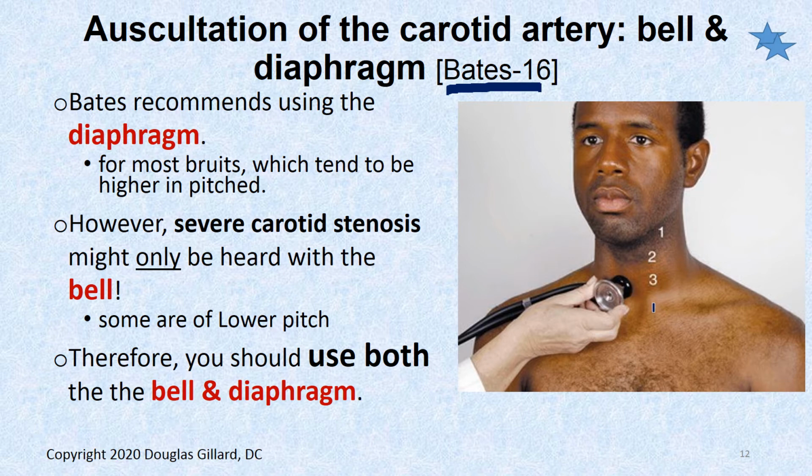So start with the bell, and you're just going to follow the carotid artery up. The SCM would be about here. If you stay just on the inside of the SCM, that's where you want to auscultate. So use the bell, and repeat it with the diaphragm.